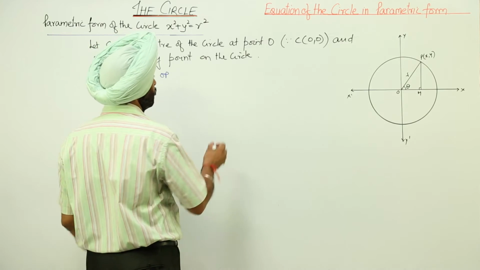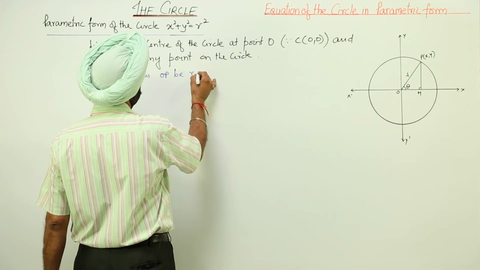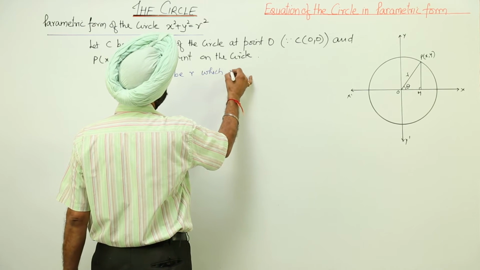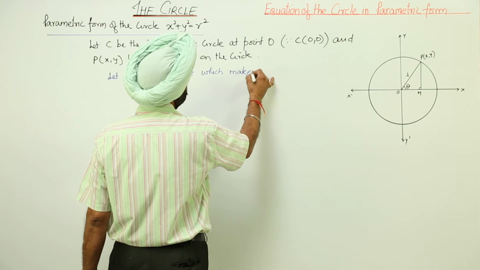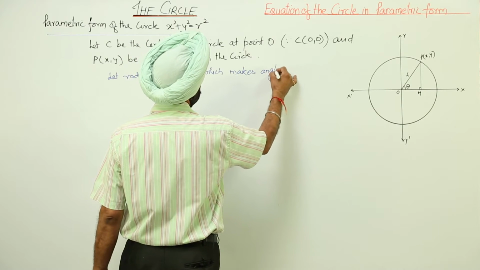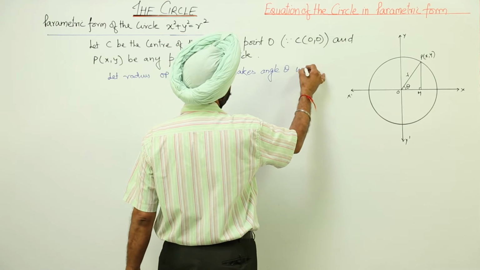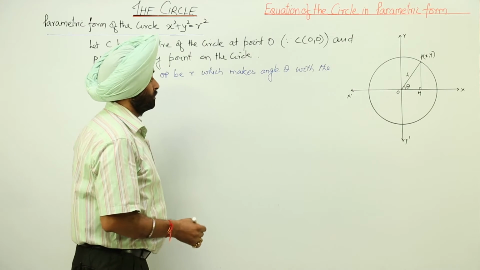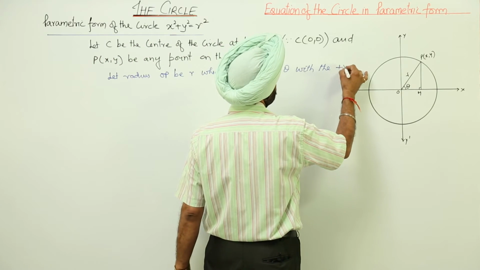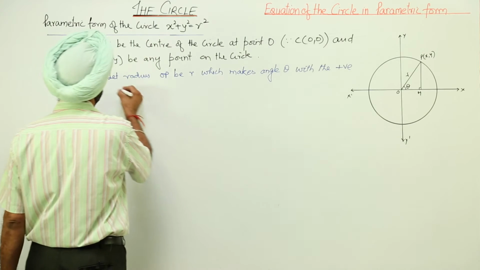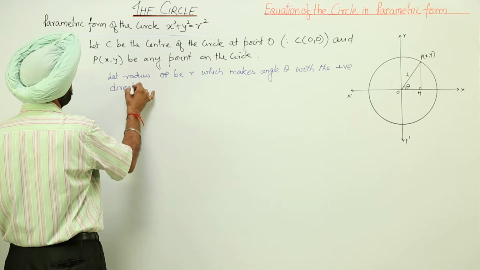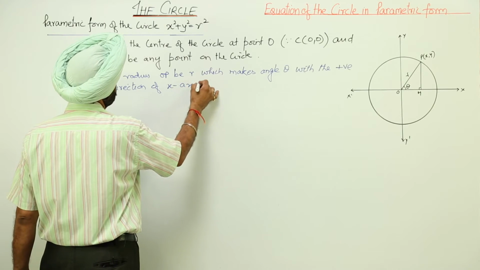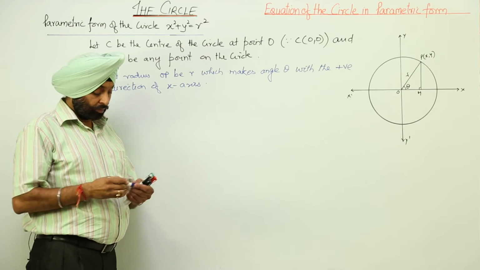Let radius OP be r, which makes angle theta with the positive direction of x axis. Is it clear?